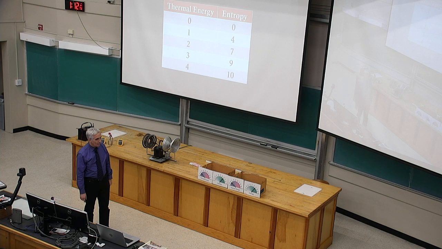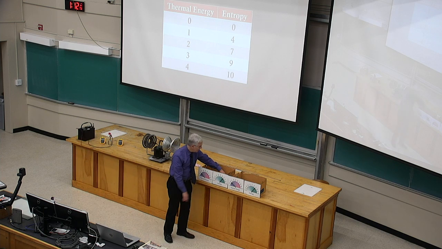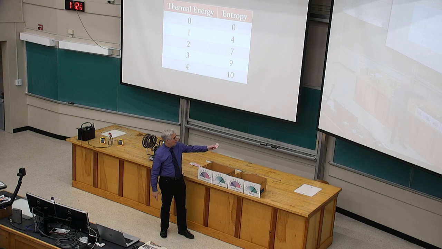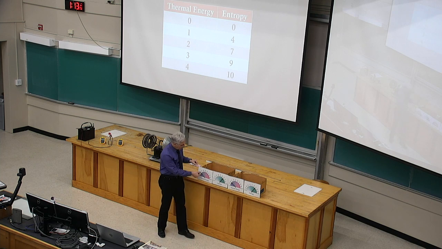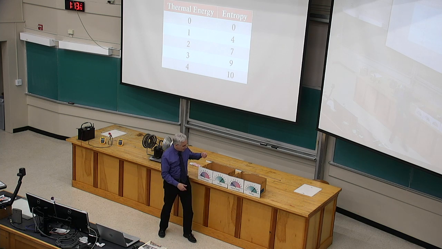If we keep moving thermal energy, watch what happens. Now we're up to 14. Let's suppose another unit of thermal energy just by random chance tries to wander across from the left side to the right side. The left box goes down to 2 units of thermal energy, and because it's getting pretty cold, this is having a bigger influence on it.